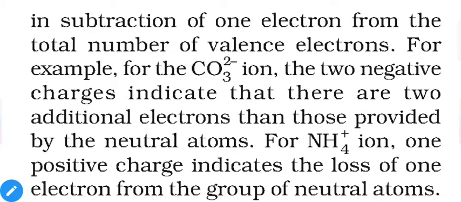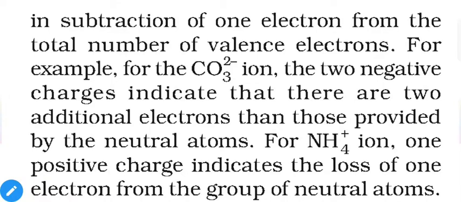For example, the CO3 2- ion. In this ion we have a -2 charge on CO3. That means in this case we have 1 carbon and 3 oxygen, and we count the total number of valence electrons of each, and then add 2 more because of the -2 charge.